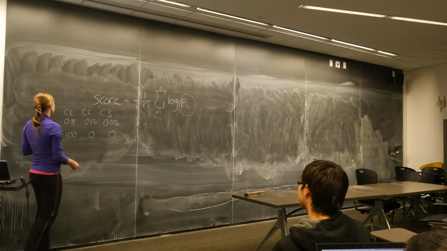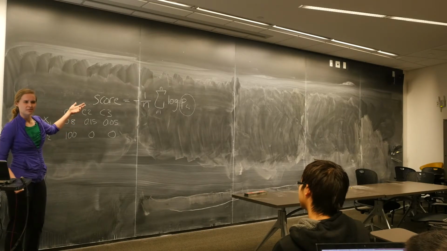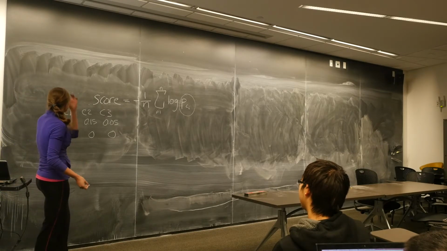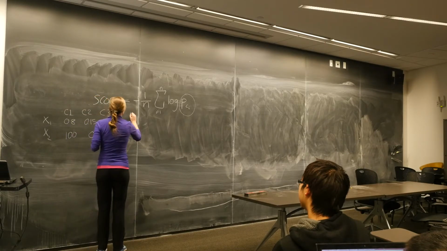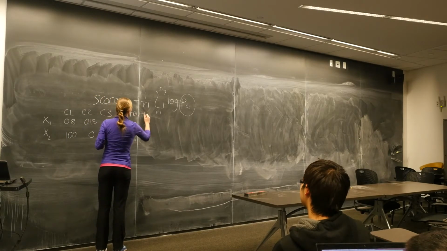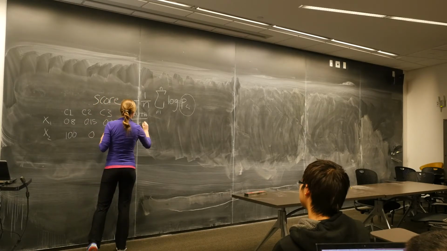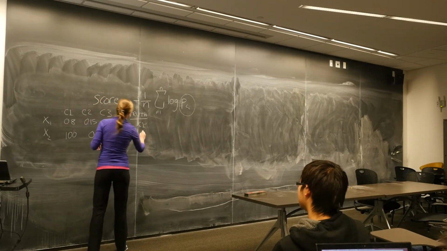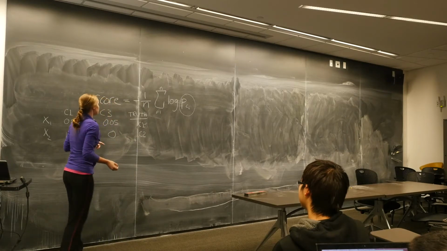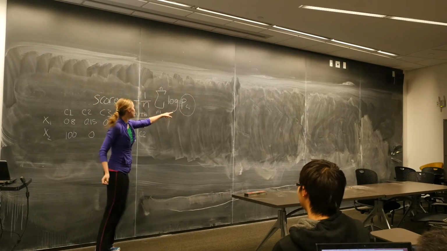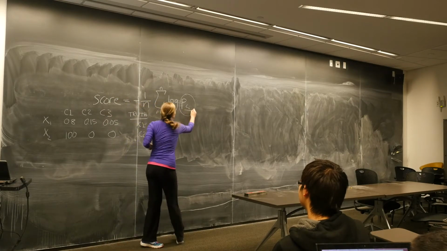You don't have to normalize, because we normalize before we compute the score anyway. So suppose the true labels are that this first one was class 1, and this one was class 2. You can see here when you compute the score, the probabilities that you're looking at are those of the true class.